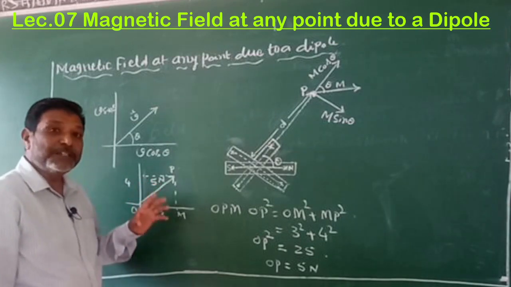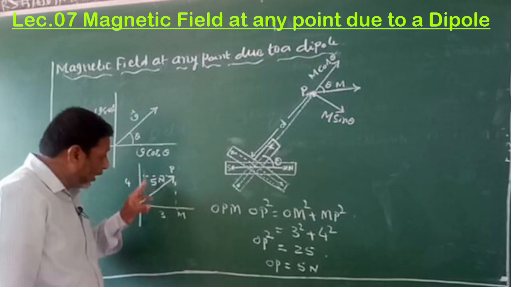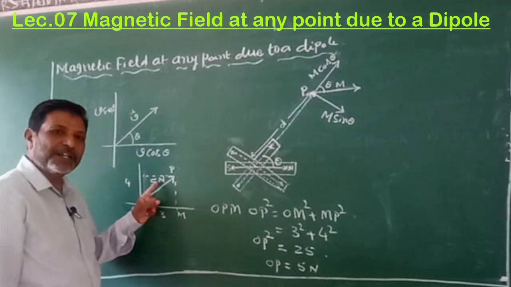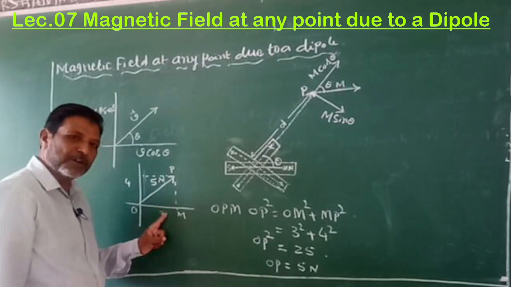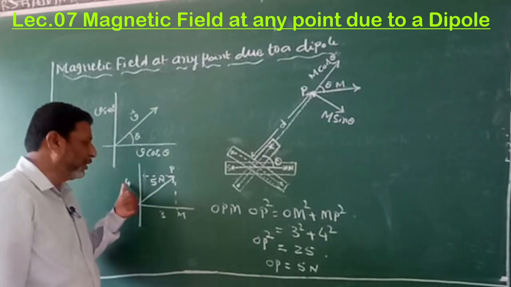That means if the force is a vector, that vector is resolved into two components. One component, the horizontal component, is 3 and the vertical component is 4.